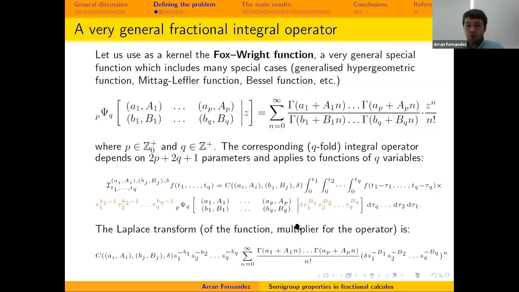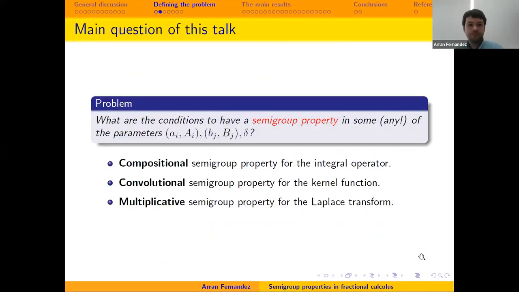Just notice that all the gamma functions on the bottom have disappeared in this Laplace transform because we have made sure that the exponent matches with the gamma function. So when you take the Laplace transform, you get just a power function without any gamma. So we've taken t1, t2 up to tq, Laplace transform to s1, s2 up to sq.